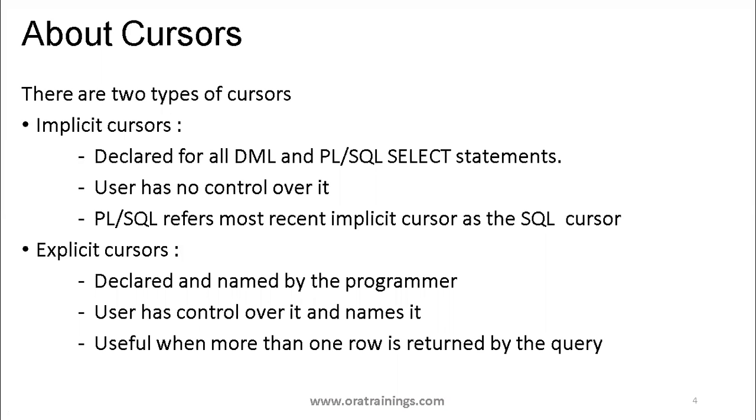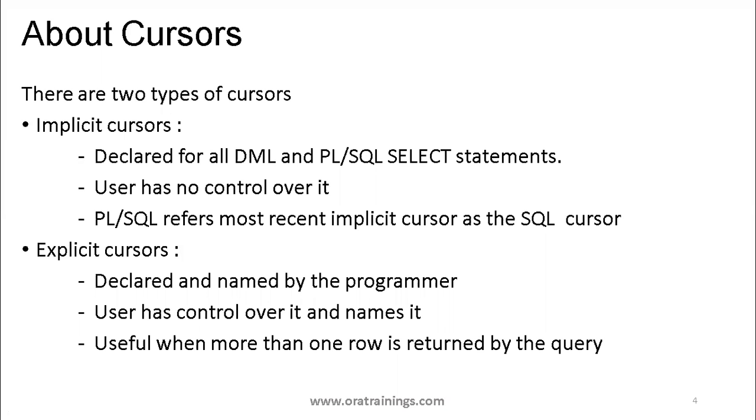If you want to find out how many records you have updated or deleted, the database internally maintains a set of implicit cursors to track how many records it updated or deleted, and it takes care of all the information maintained by the implicit cursor. As the name itself says, it is maintained by the database engine internally, so the developer does not have any control over it.